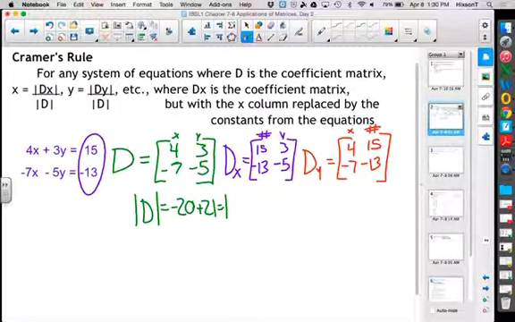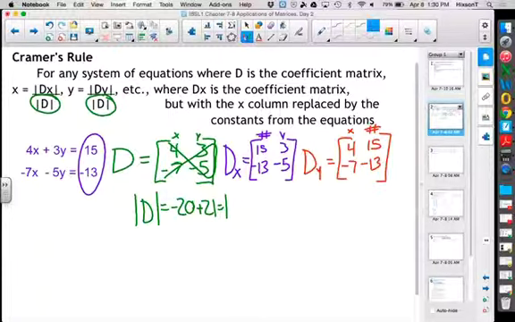Where'd you get the negative 20? Well, we do 4 times negative 5 minus 3 times negative 7. And you don't do anything with D sub x and D sub y? Not yet. Here we're just finding the determinant of D. Notice that's what we're going to divide the determinants of D sub x and D sub y by. Okay?